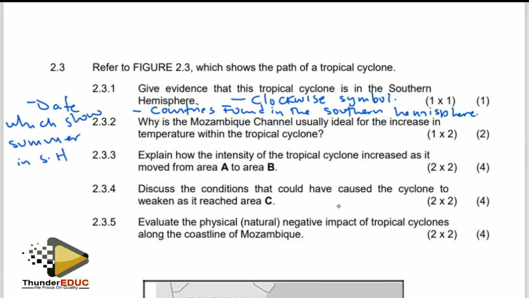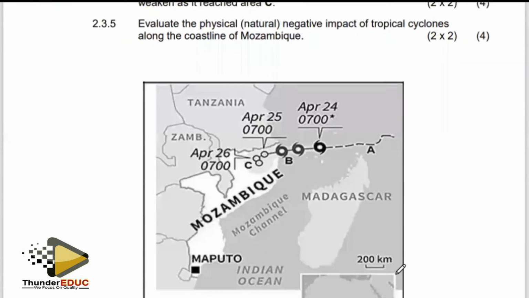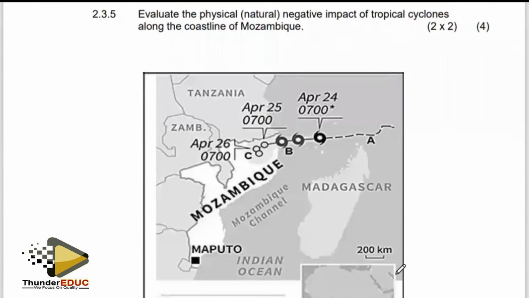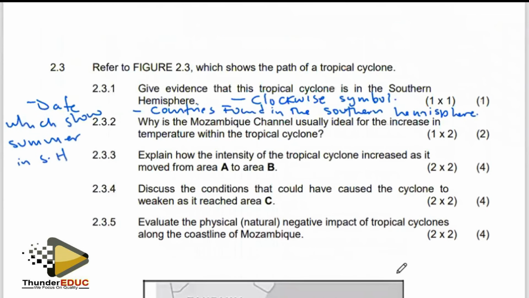We're still experiencing high temperatures. What else can we look at? The Mozambique Channel, which is in the southern hemisphere, as well.